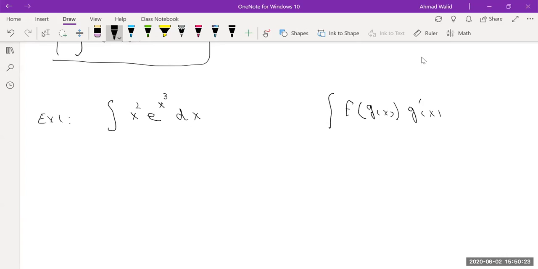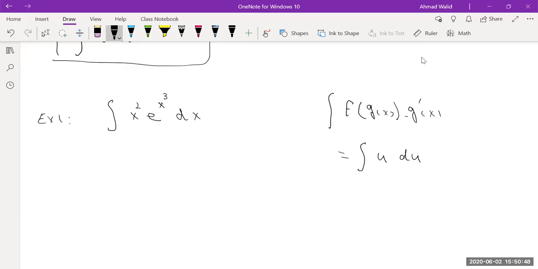In this case, I can write this one as an integral of f of u du, right? When you have a composite function and the derivative of this composite function is outside, you can see it, then you can write it as an integral of f of u du, right?